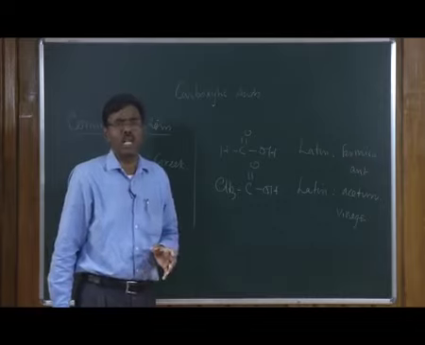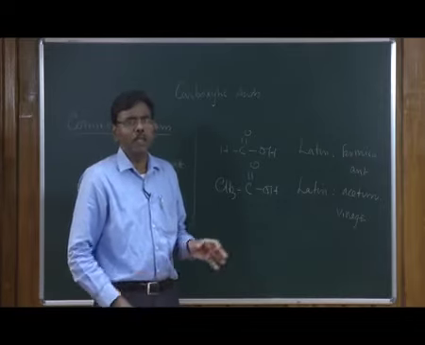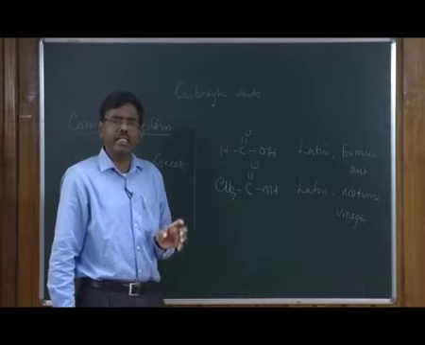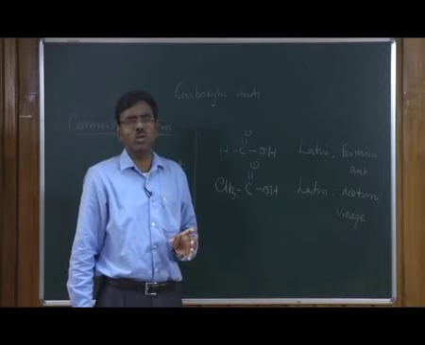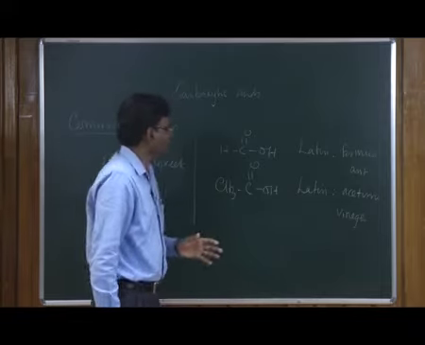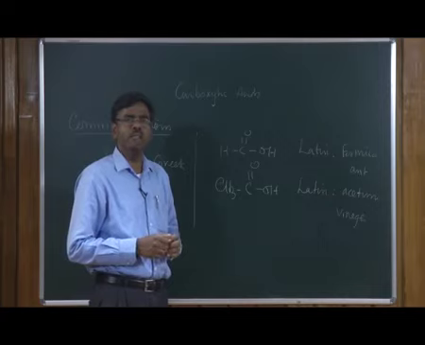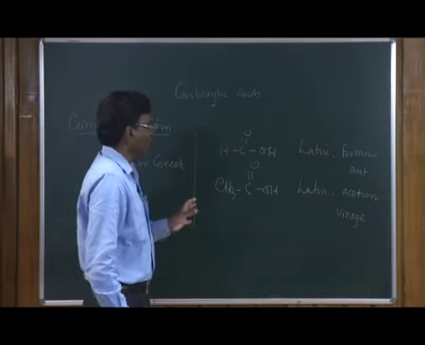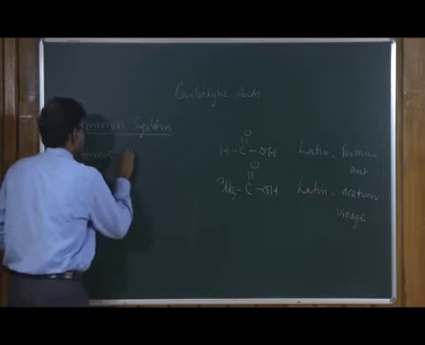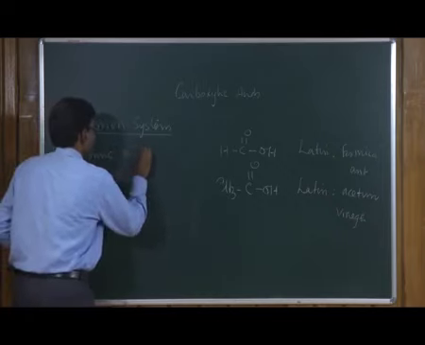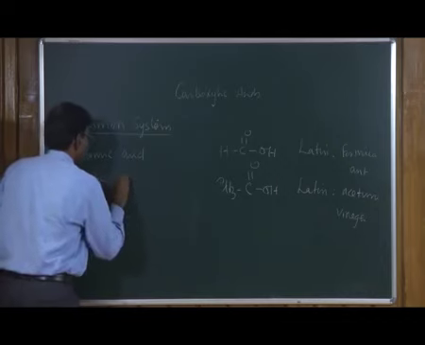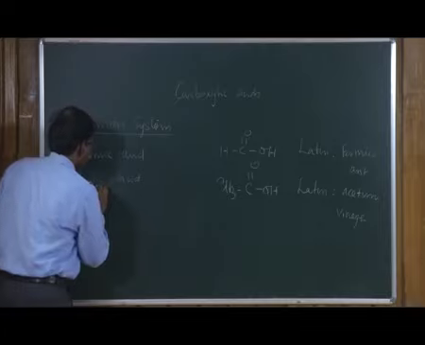In simple carboxylic acids, better known by common names, the names are derived from Greek or Latin words that indicate the natural source of the carboxylic acid. These are the two examples, and they do not have any general rule. However, if you look at it, first one is formic acid, then acetic acid.